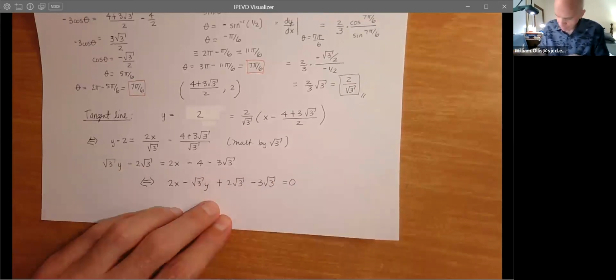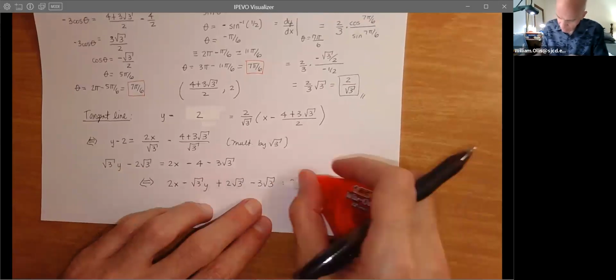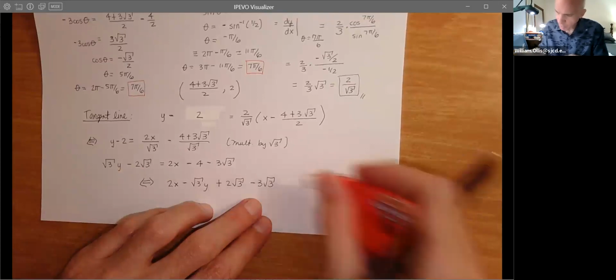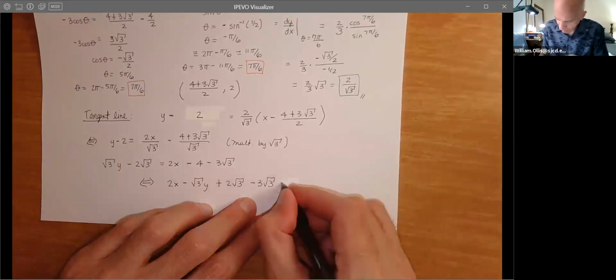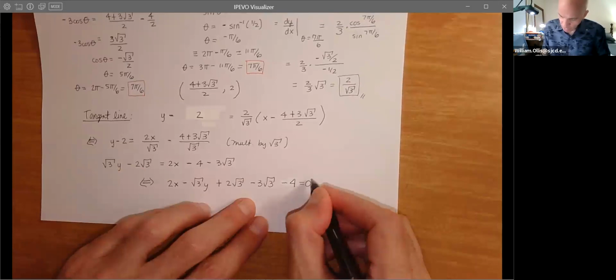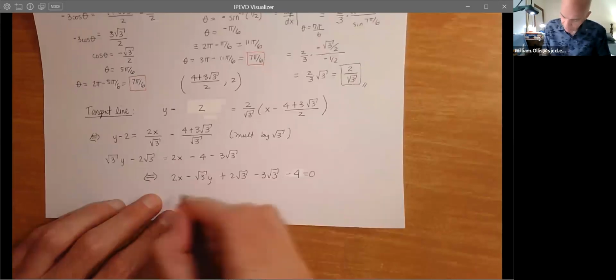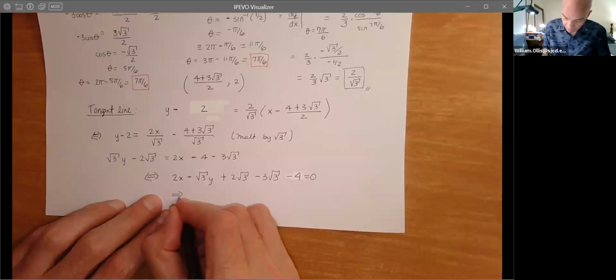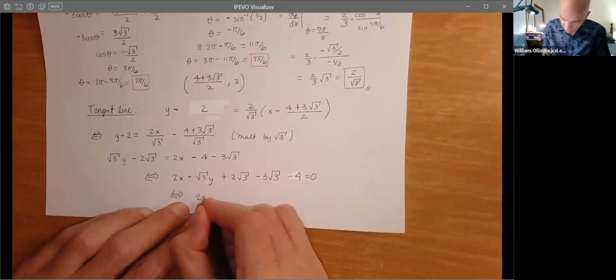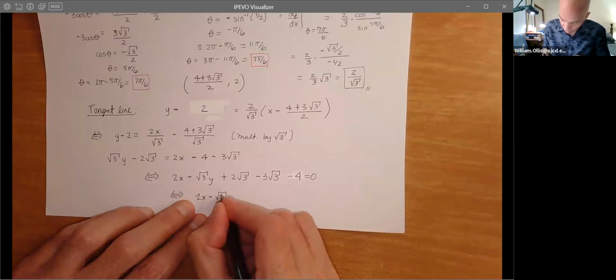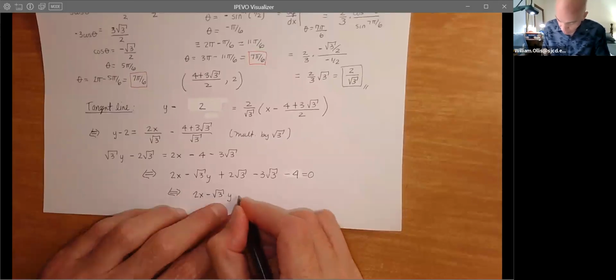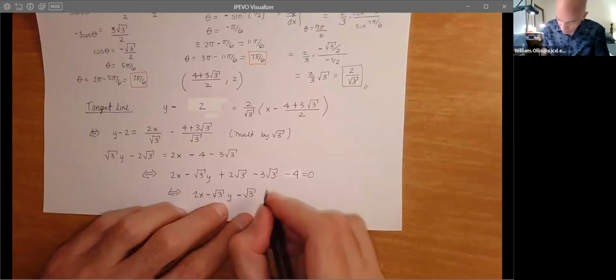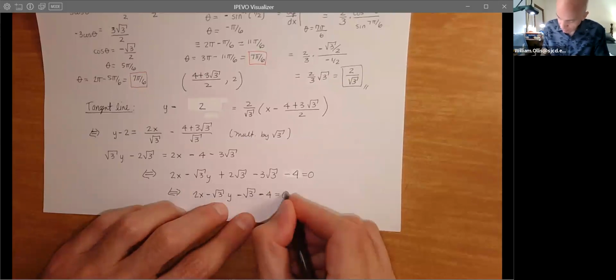And then, of course, I've got a minus 4 there that I left out, not to discriminate against the minus 4. Forgive me. And so now these absorb, and I can get a negative root 3 there. So we have equivalently 2x minus root 3 times y minus root 3 minus 4 equals 0.